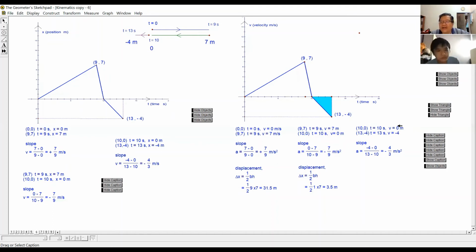Negative 4 minus 0 over 13 minus 10. So the answer is negative 4 over 3. The unit is meters per second squared. So this represents the acceleration.